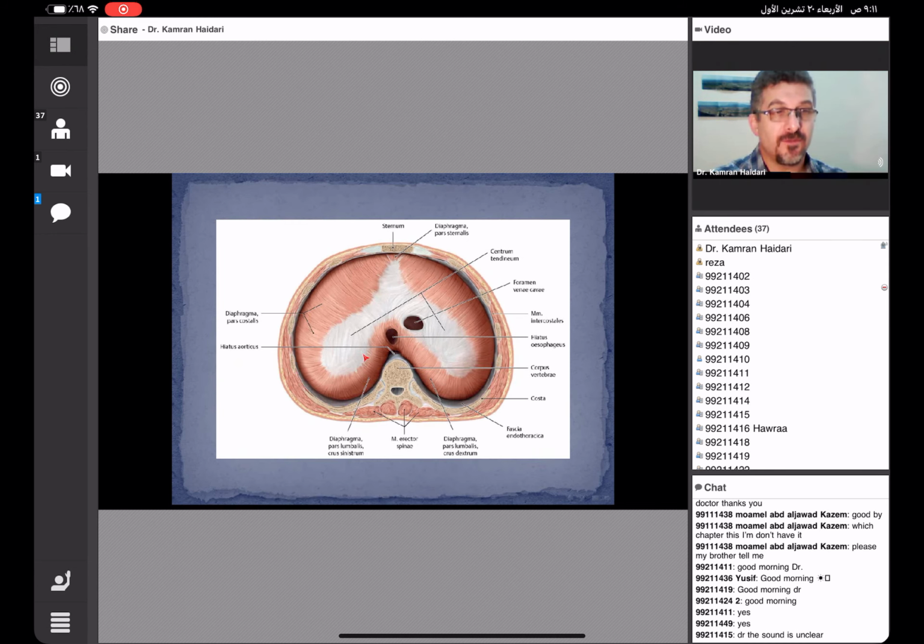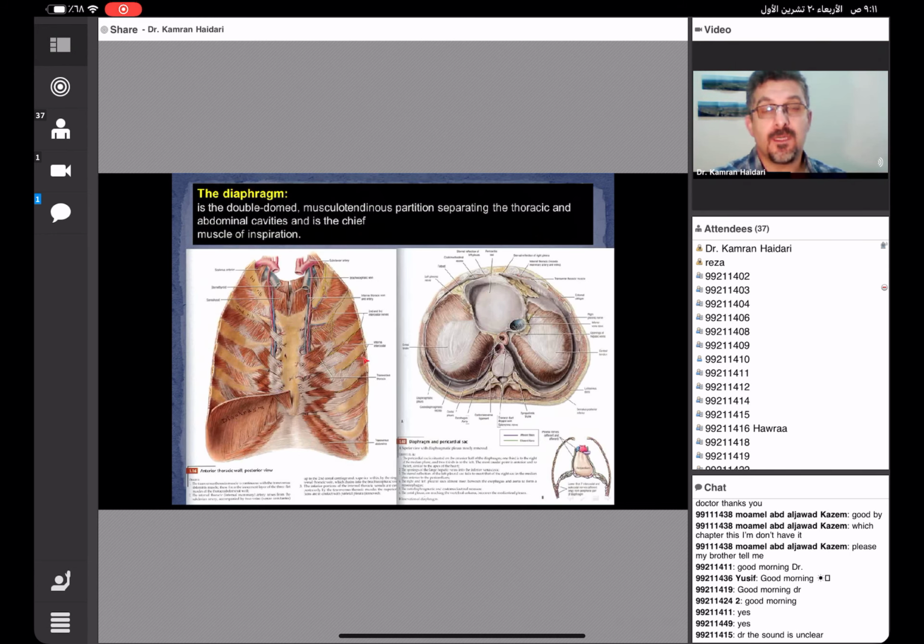The next muscle is the diaphragm. The diaphragm is a musculotendinous partition between the thorax and the abdomen, with muscular fibers at the periphery and fibrous tissue, the central tendon, in the center.